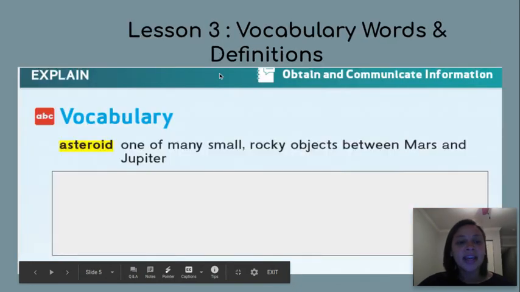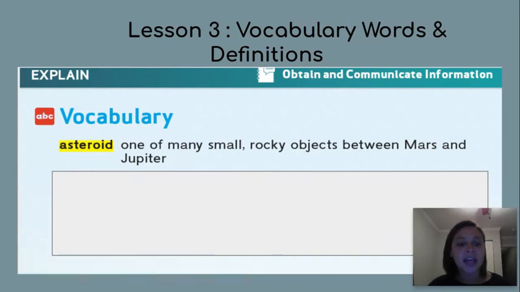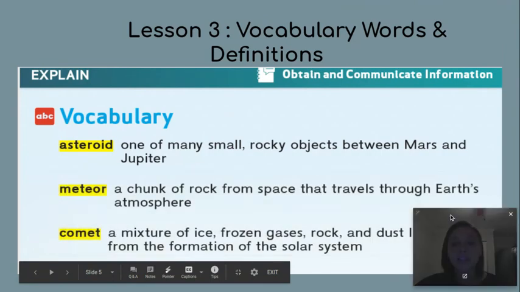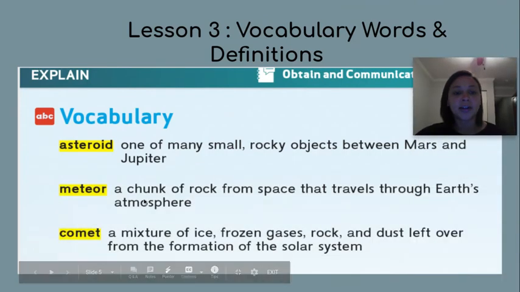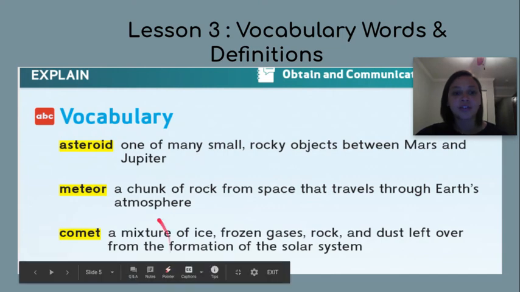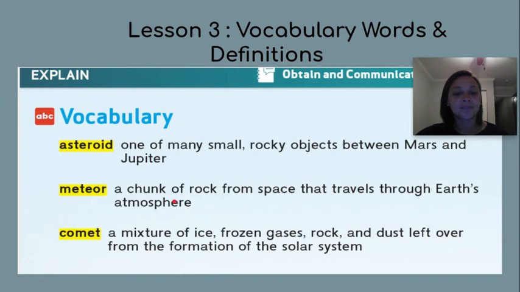So here is our vocabulary word for asteroid. The definition is one of many small rocky objects between Mars and Jupiter, okay? We are also going to be learning about meteors, which is a chunk of rock from space that travels through Earth's atmosphere.